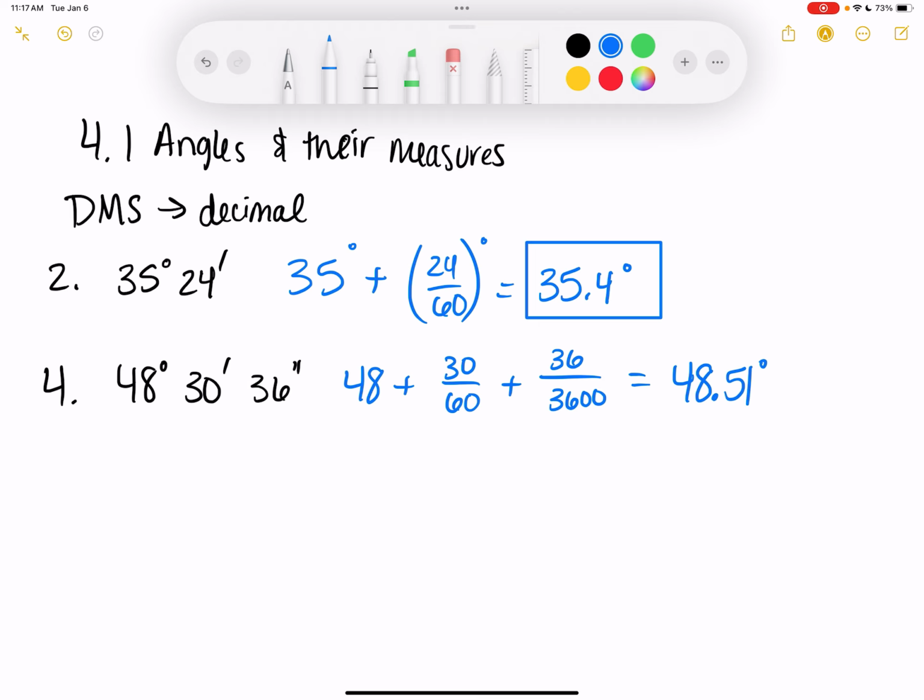Now, depending on what the amount of seconds would come out to be, sometimes it's not going to come out to be this nice rounded 2 decimal answer. Technically, the first decimal is coming from your minutes, your second decimal is coming from your seconds. So if it has another decimal, like one more, you can go ahead and put it.